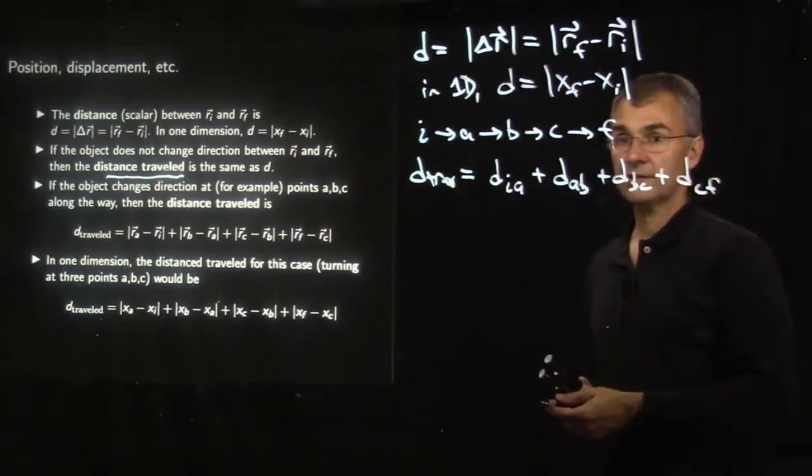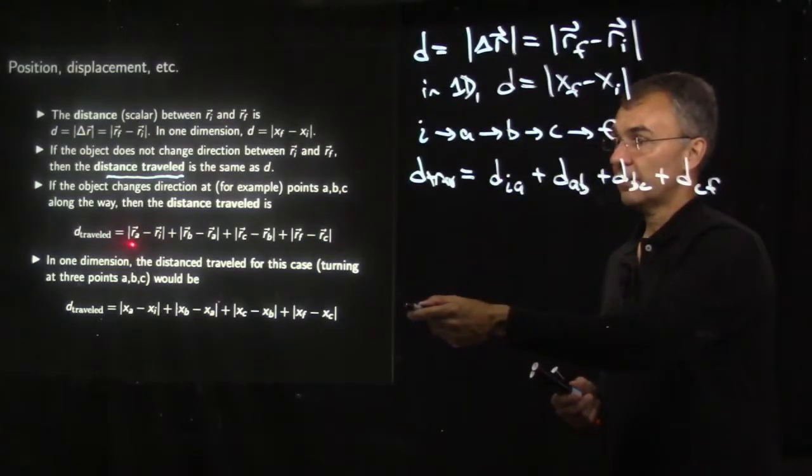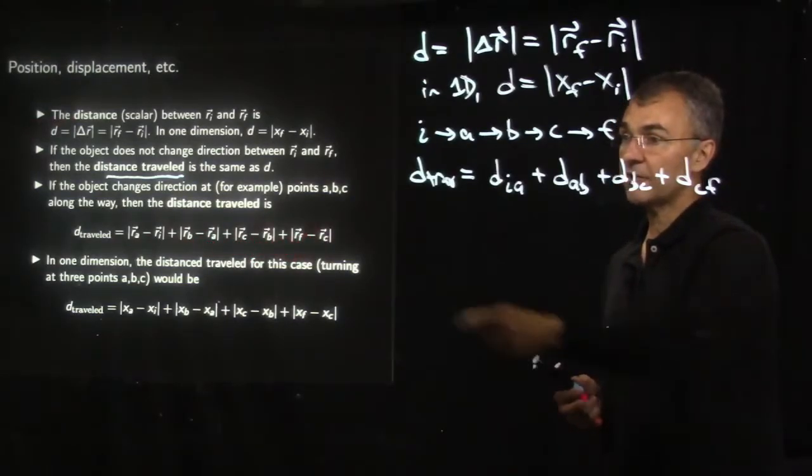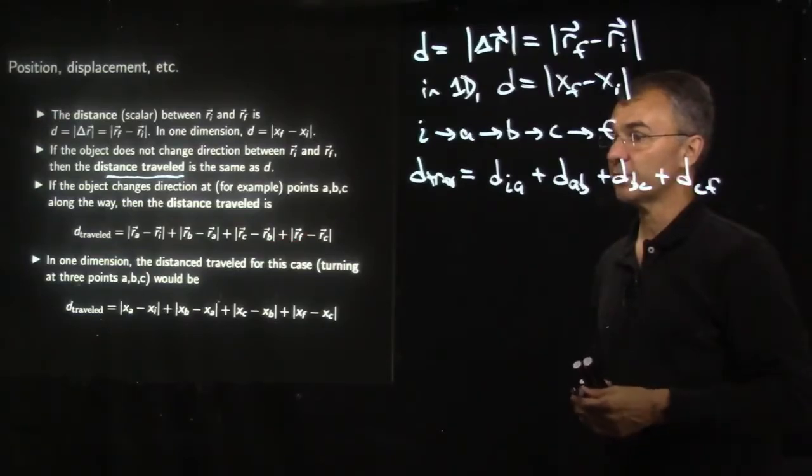That's like the magnitude of the displacement from initial to A plus the magnitude of the displacement from A to B plus the magnitude of the displacement from B to C plus the magnitude of the displacement from C to the final point.